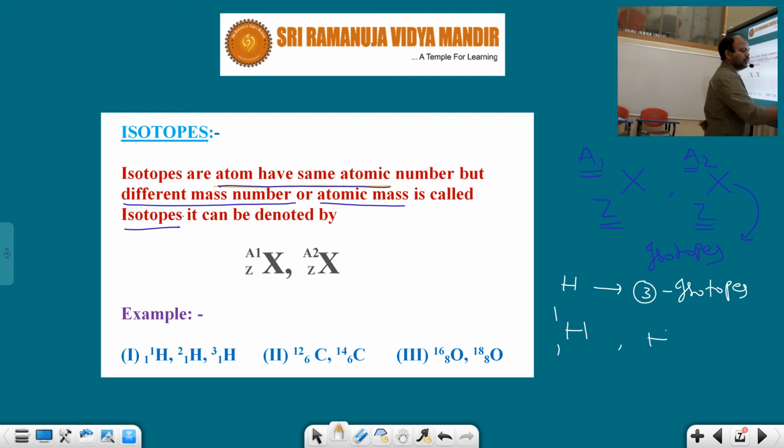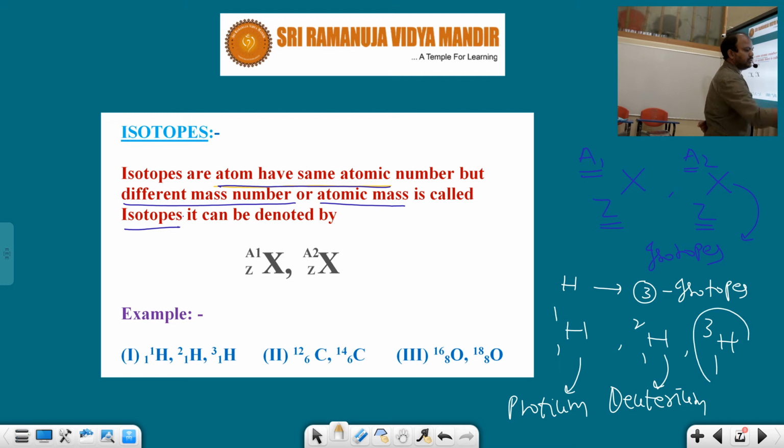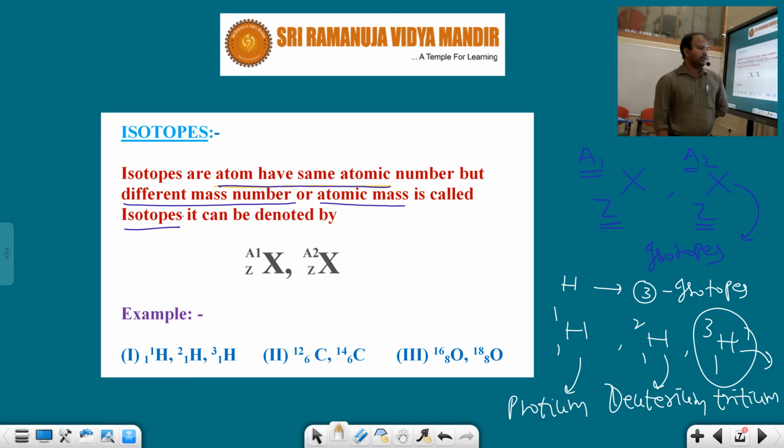Protium, deuterium, as well as tritium. This one is called protium. This is general hydrogen. This is deuterium. This one is tritium. These three are hydrogen isotopes: protium, deuterium and tritium.